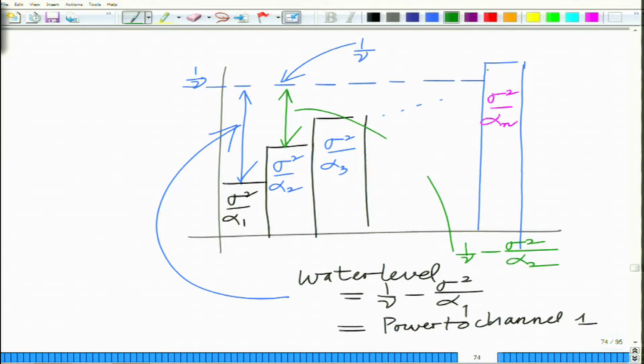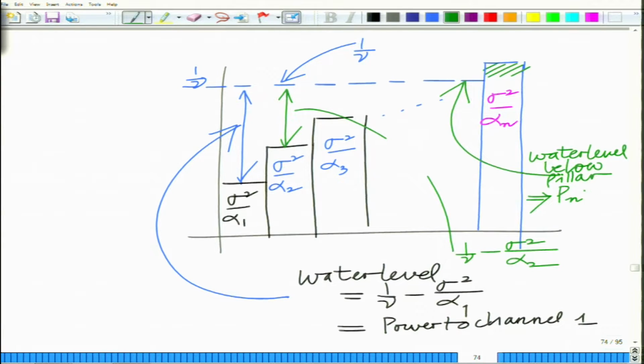And you see something interesting over here, the water level is below the pillar. This implies that Pn, the power allocated to the channel, is 0.